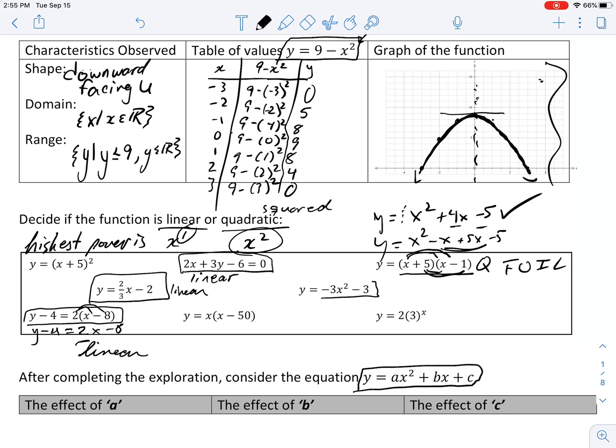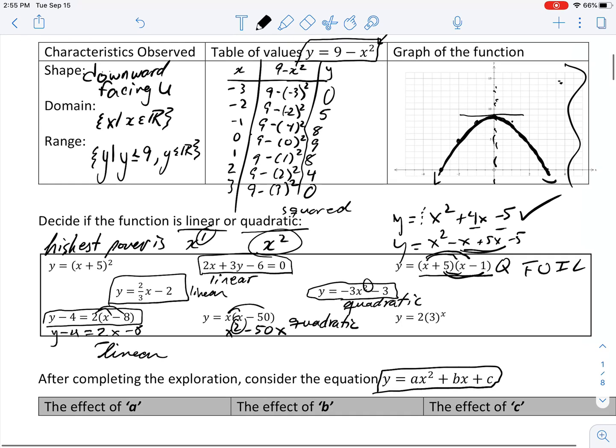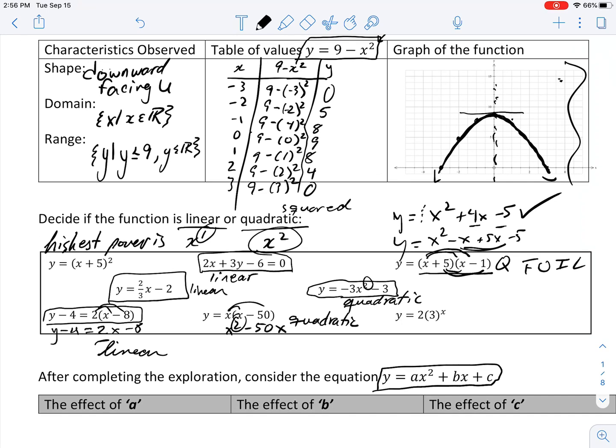Next, this guy, also a quadratic. Why is that? It has an x squared. Boom, quadratic. This one, imagine distributing that x. You would have x squared minus 50x. Also a quadratic. I have an x squared. And lastly, up here, x plus 5 squared.